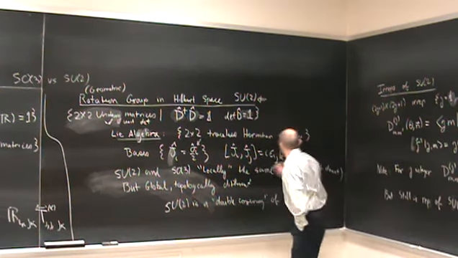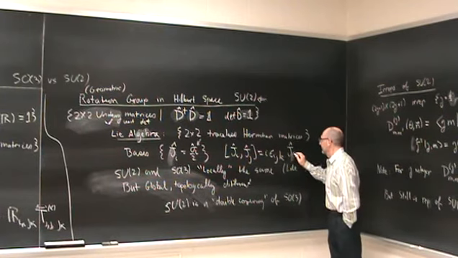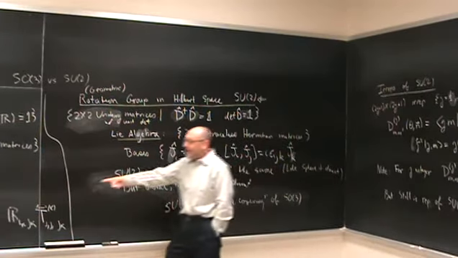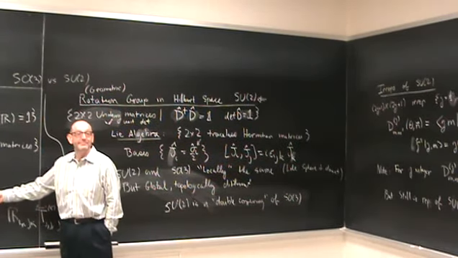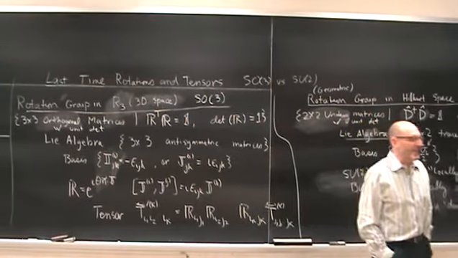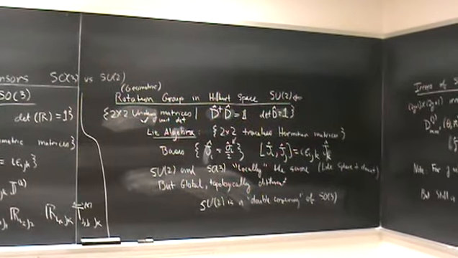That's not quite right. Now it's right. This Lie algebra is the same as this Lie algebra. So the groups SU2 and SO3 have the same Lie algebra.